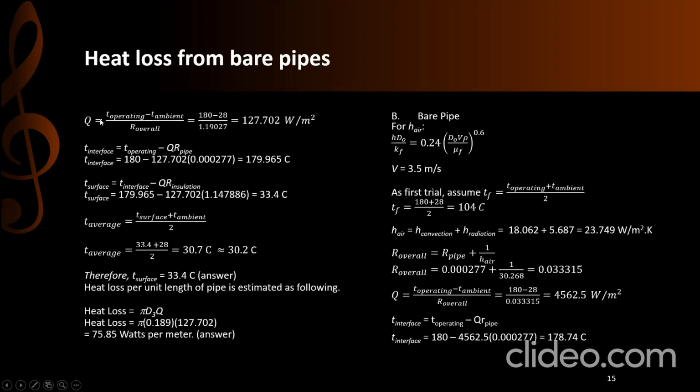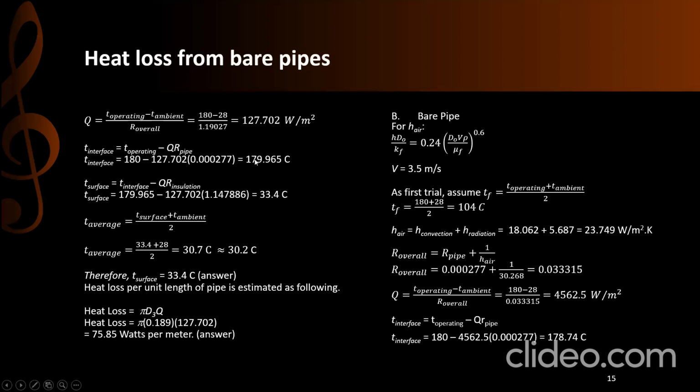So now the Q is the operating temperature minus the ambient over R overall, 180 minus 28 over 1.19027, is 127.702 watts per meter squared. Then T interface is equal to T operating minus QR, 180 minus 127.702 times 0.000277, is 179.965 C. Kaya ito yung fluid temperature mo.